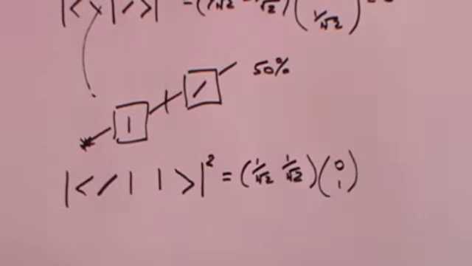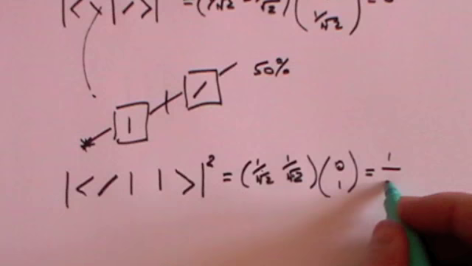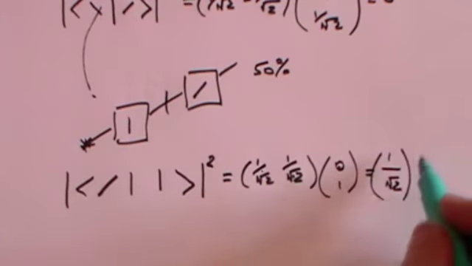So let's do the calculation, and what do we get? 1 over root 2 times 0 is 0, plus 1 over root 2 times 1 is 1 over root 2. But we have to square it. And 1 over root 2 squared is a half. Yet again, the formalism is working.